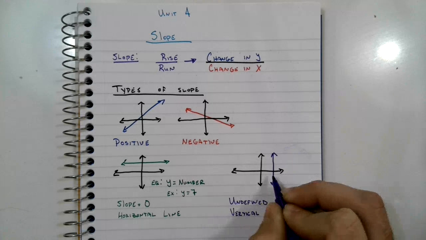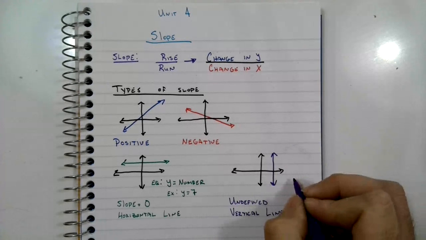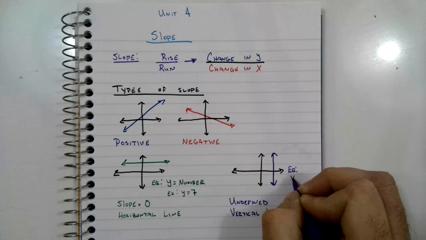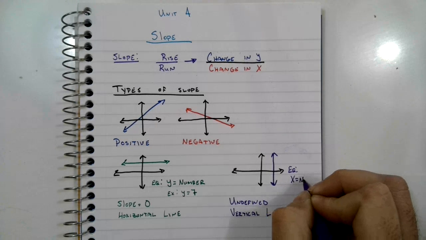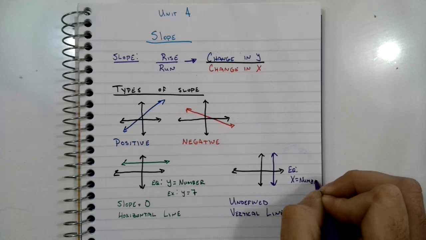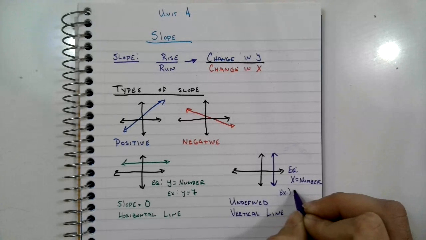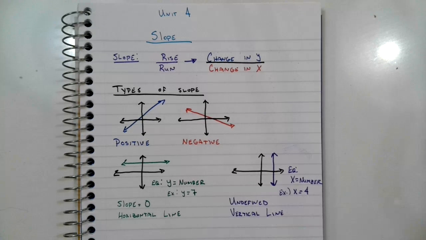And your equation will be x equals a number. So an example of that would be x equals 4. That's a vertical line, undefined slope.